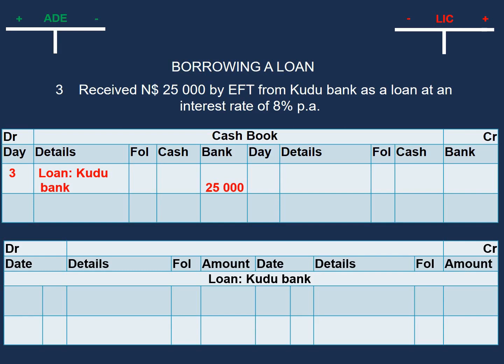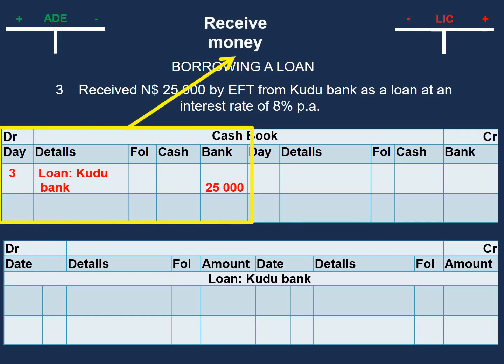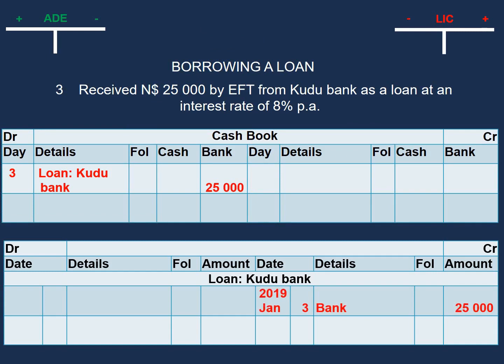Then we would debit our cash book with 25,000 Namibian dollars, and we would enter the amount in the bank column. And when we debit our cash book, we are receiving money because Kudu Bank transferred the money into the business's bank account. And then we would credit our loan account with 25,000 Namibian dollars, and the description is bank.